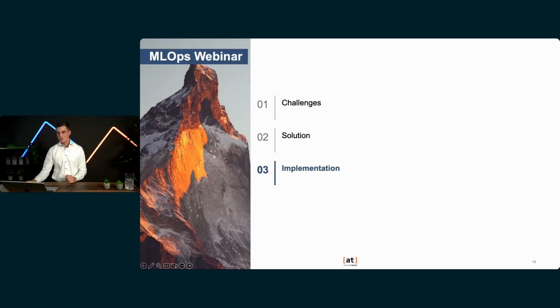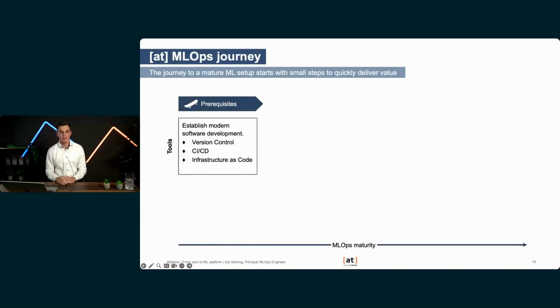So let's jump into the implementation. As I said, that's called our MLOps journey, and we start with the prerequisites. The very first thing we do is set up the basics, and not the basics of machine learning, but the basics of modern software development.